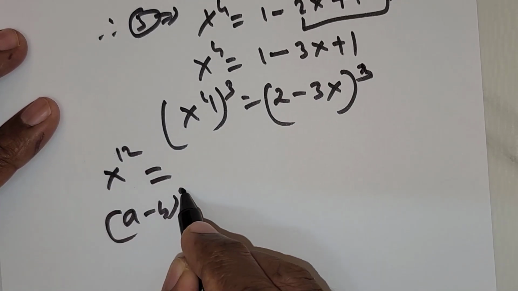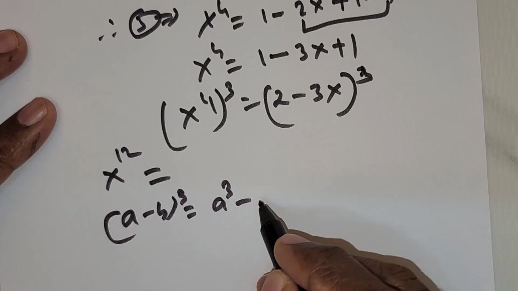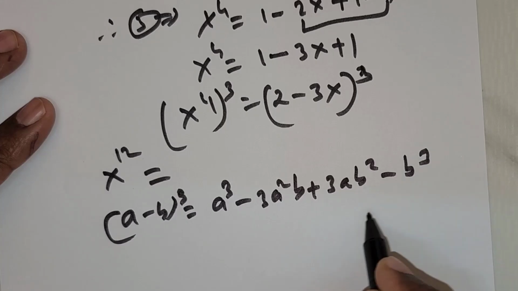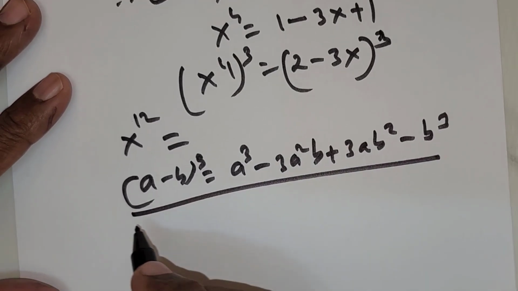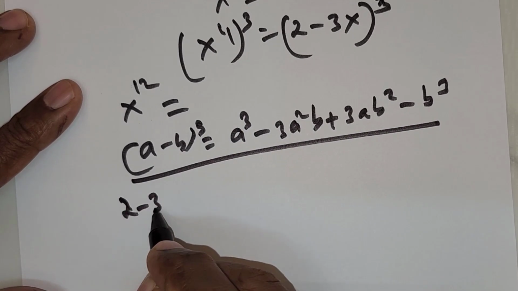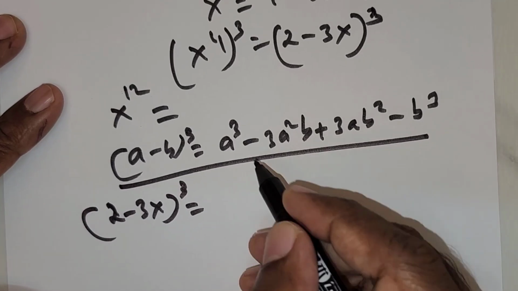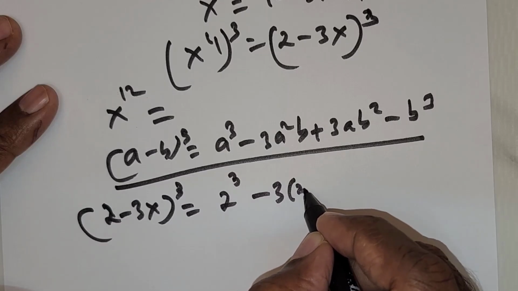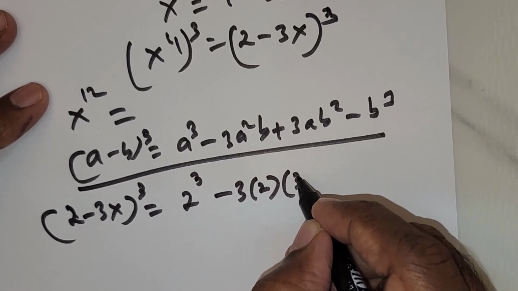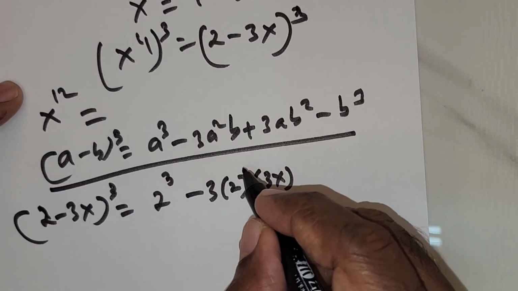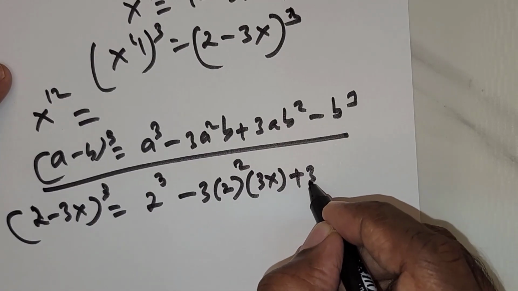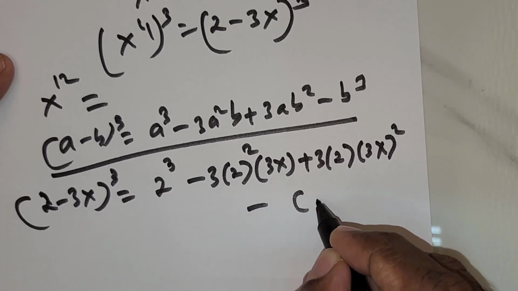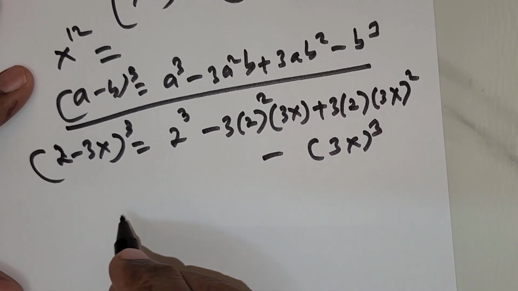This is of the form (a minus b) whole cubed, which is a cubed minus 3a squared b plus 3ab squared minus b cubed. You need to use this formula. So (2 minus 3x) cubed is equal to 2 cubed minus 3 times 2 squared times 3x plus 3 times 2 times (3x) squared minus (3x) cubed.